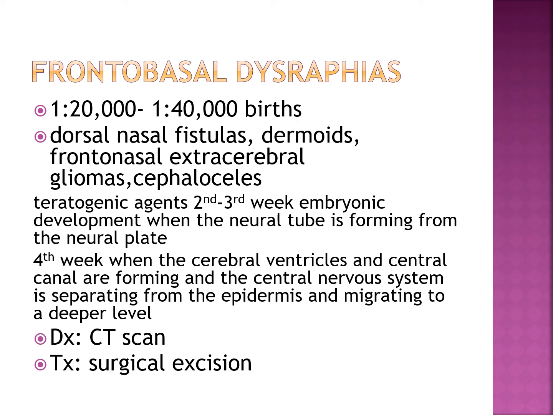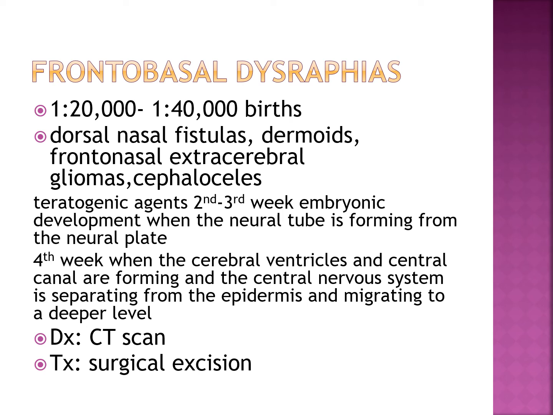Another congenital problem is the frontobasal dysraphias. It occurs in 1 in 20,000 to 1 in 40,000 births. Examples of frontobasal dysraphias are the dorsal nasal fistulas, the dermoids, frontonasal extracerebral gliomas, and cephaloceles.